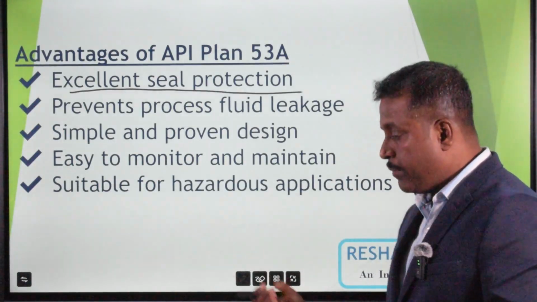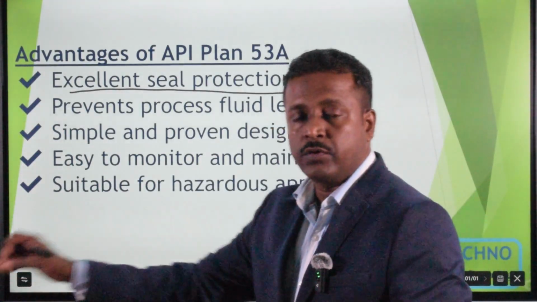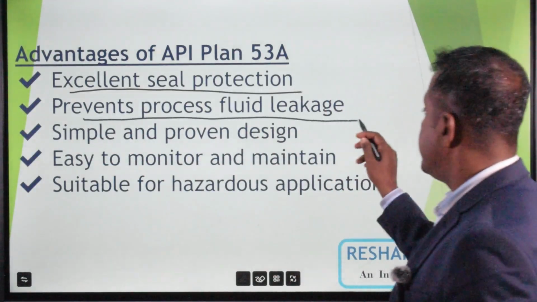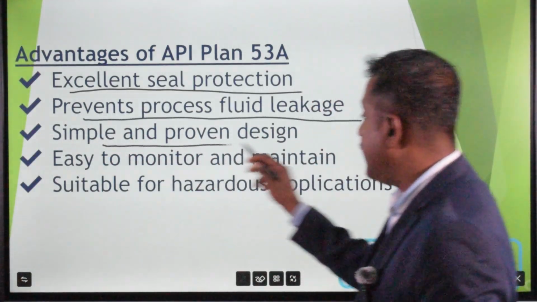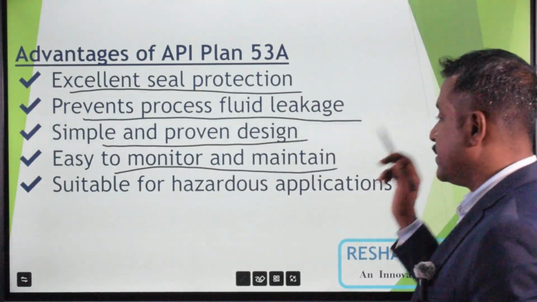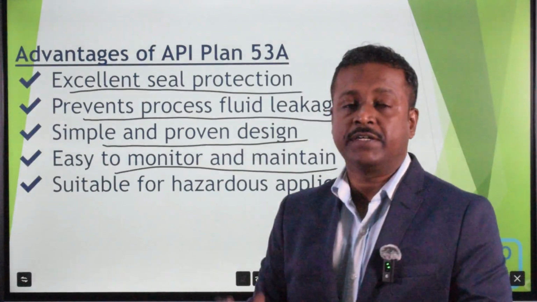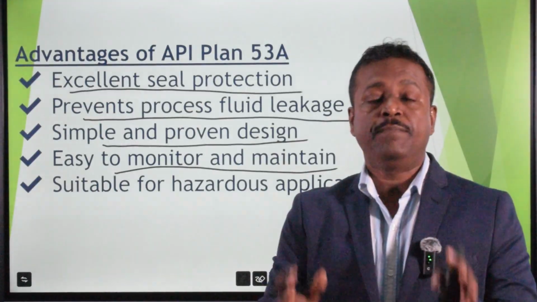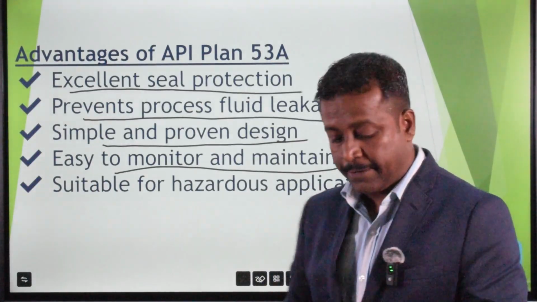Always barrier liquid goes to the pump. Prevents process fluid leakage. Simple and proven design. Easy to monitor and maintain. Suitable for hazardous applications. Those are the main advantages of API seal flushing plan 53A.